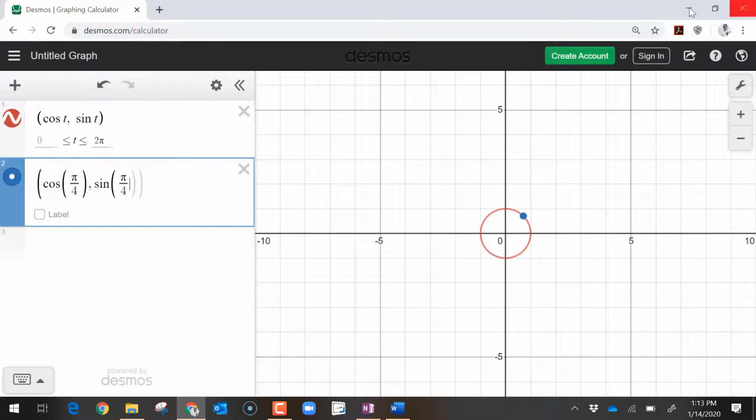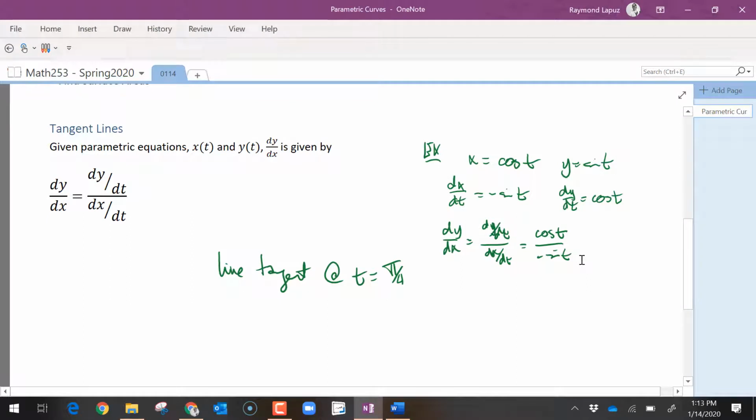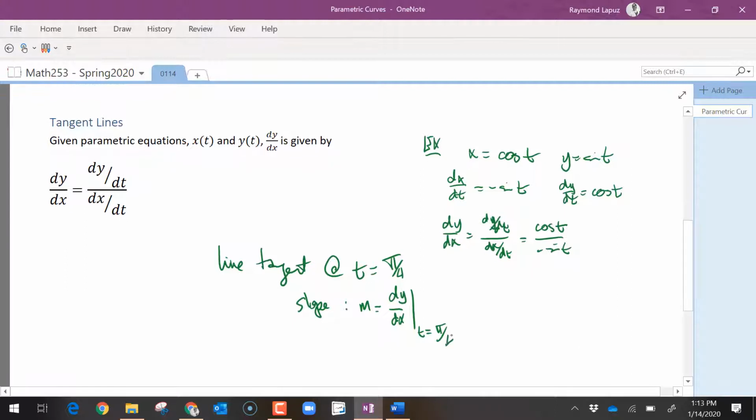So let's find that. The slope is going to be given by the derivative, and we have to evaluate it, because if we don't evaluate it, it's just a general function. We saw in Calculus 1 that if you want to find equations of the line, you have to evaluate at a specific point.